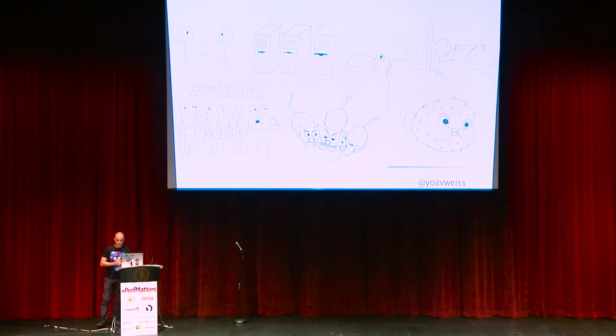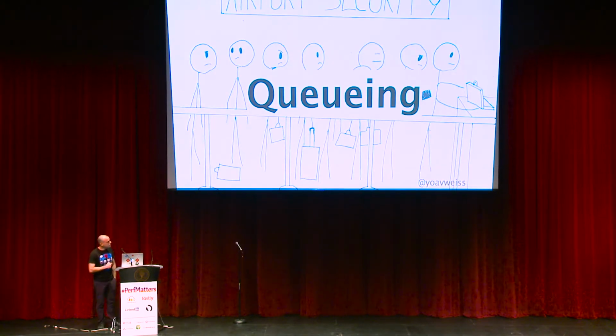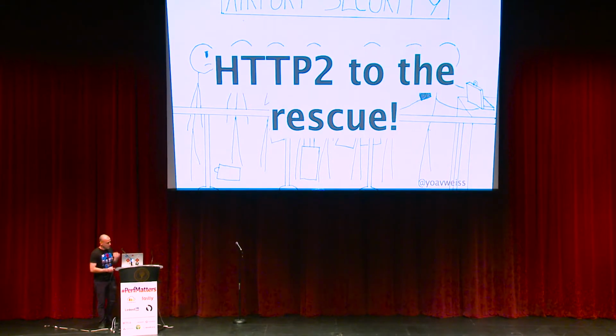So let's go over that list and see what we can do about each and every one of them, not necessarily in that order. Let's start by talking about queuing. We talked about the perils of HTTP 1.1 and how each connection can only send a single request at a time. And HTTP 2, or H2 as we fondly call it, solves that problem because it enables you to send multiple streams, and each one of those streams corresponds to a request-response pair.